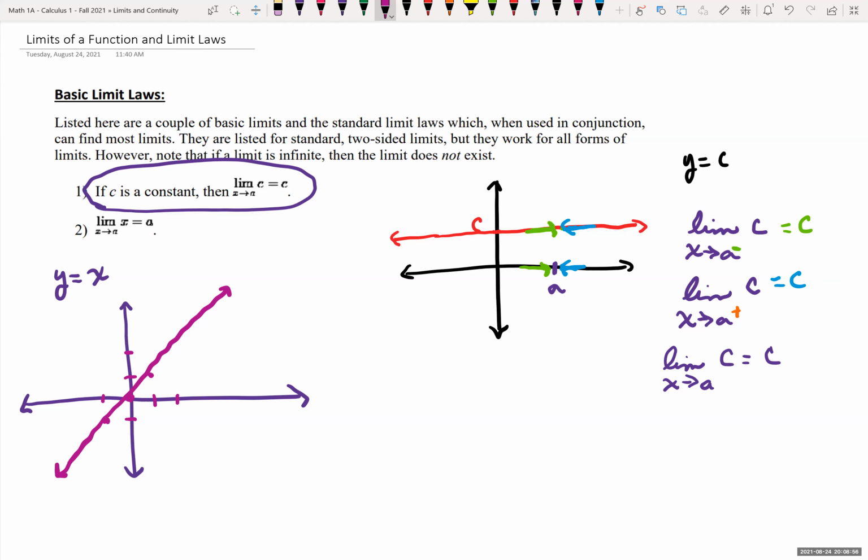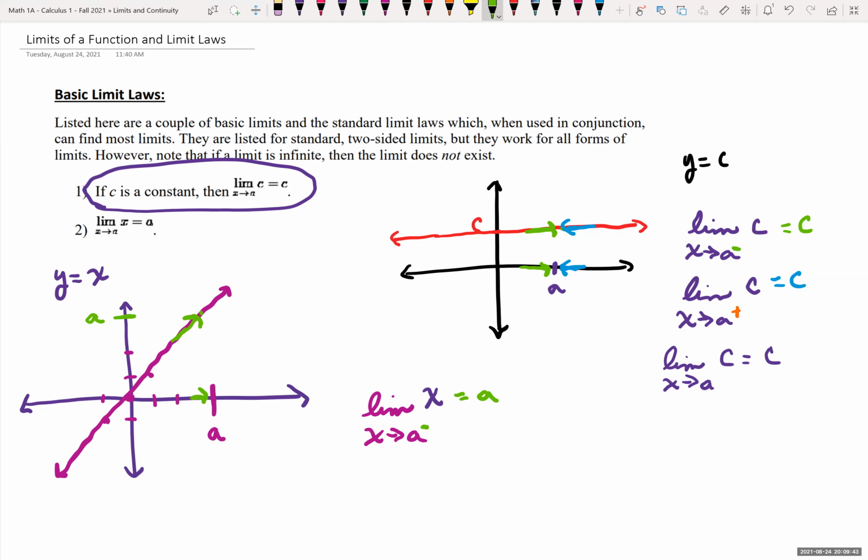And so if I'm looking at the limit as x is approaching a of the value of just x, let me write a on the graph somewhere. So let's say a is out here. Well, let's look at what's happening on the left-hand side. On the left-hand side, if I follow the graph, as my x's are getting closer and closer to a on the left, that y value that I'll be getting is a.